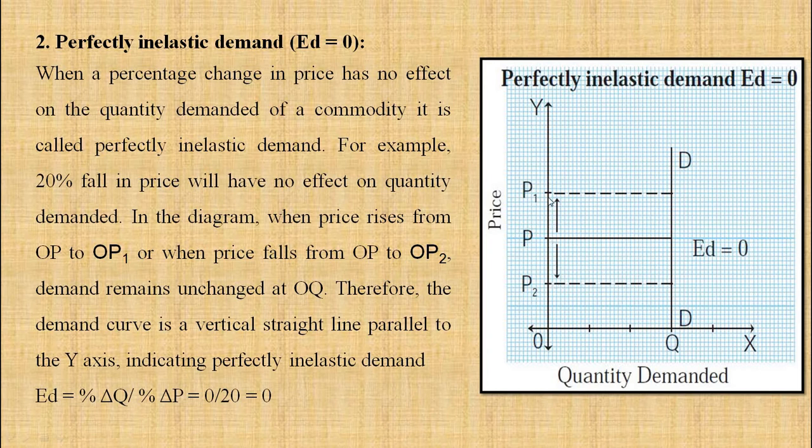So whether there is an increase or a decrease in the price, demand remains the same. Diagrammatically DD is the demand curve, which is a vertical straight line parallel to the y-axis in case of perfectly inelastic demand. That means absolutely no change in demand.